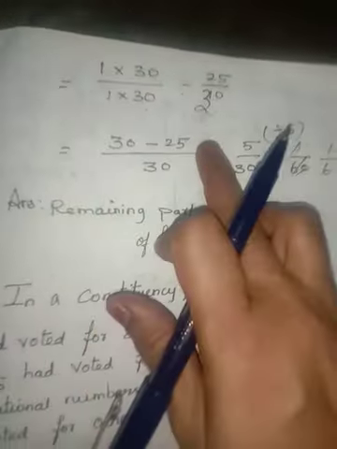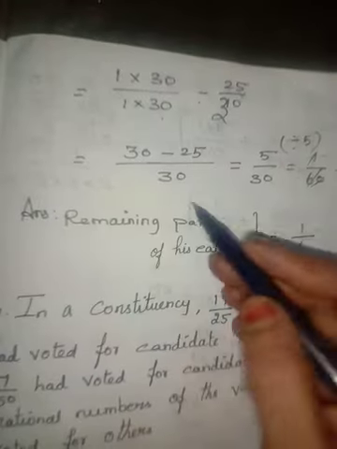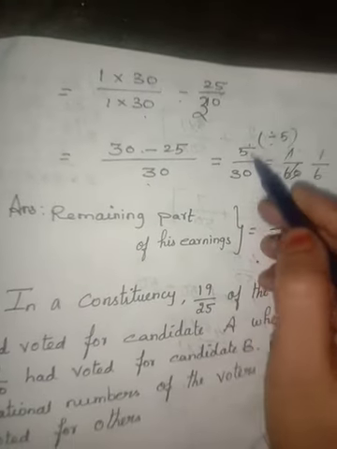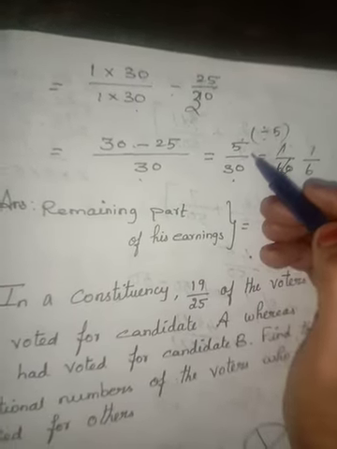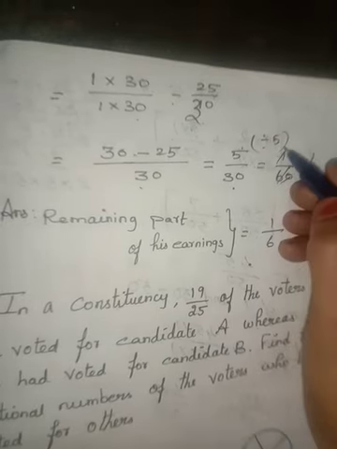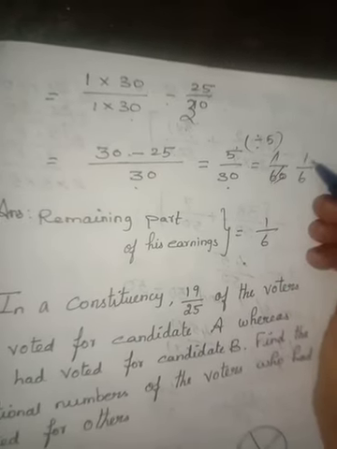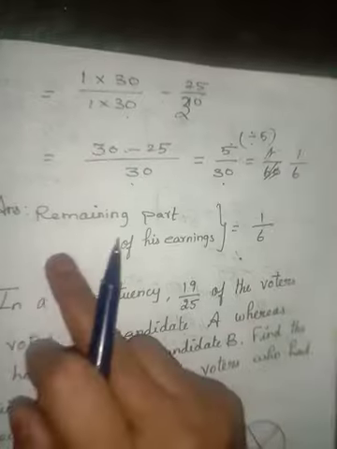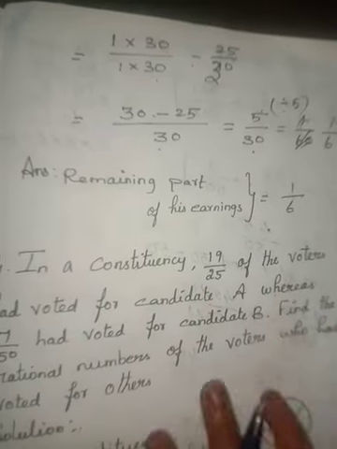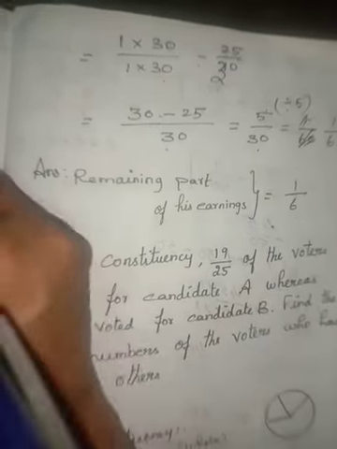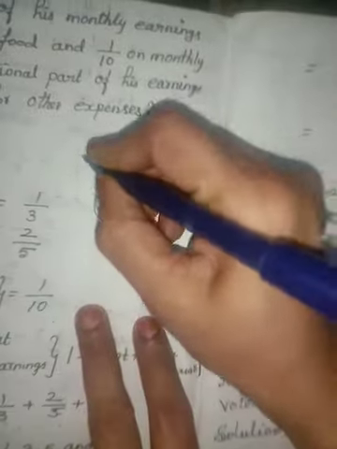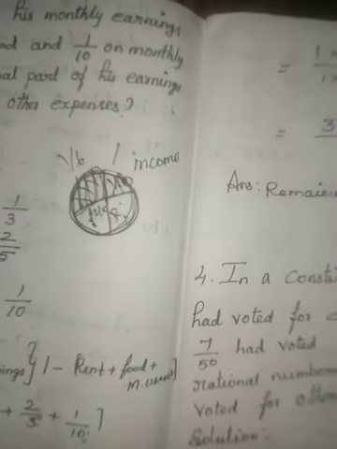Subtract the numerators with the common denominator: 30 minus 25, we get 5 by 30. It can be reduced by 5, so I get 1 by 6. So the remaining fractional part of his earning is equal to 1 by 6.